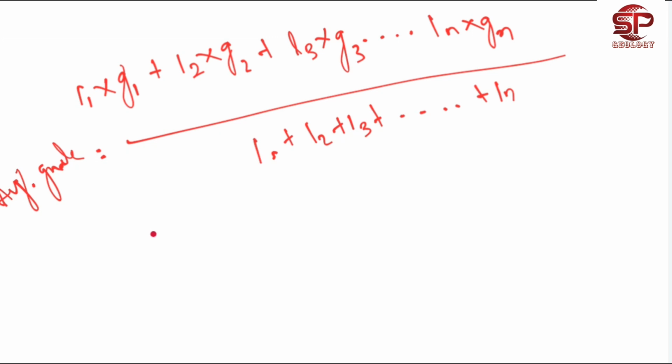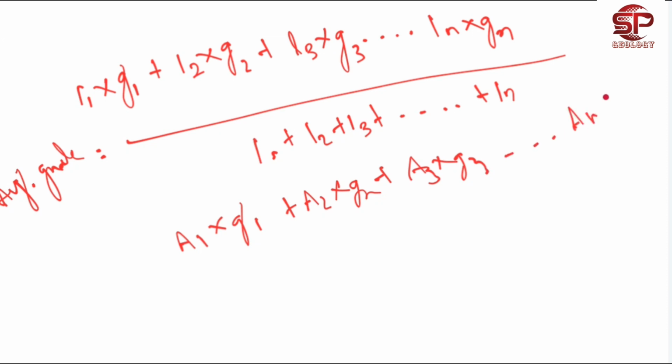If it is on an areal basis, A1 into G1 plus A2 into G2 plus A3 into G3, plus An into Gn, divided by A1 plus A2 plus A3 plus An. If it is volume, area is basically not required. We calculate either length or volume.